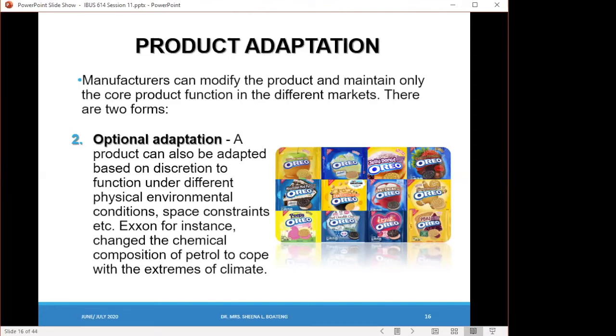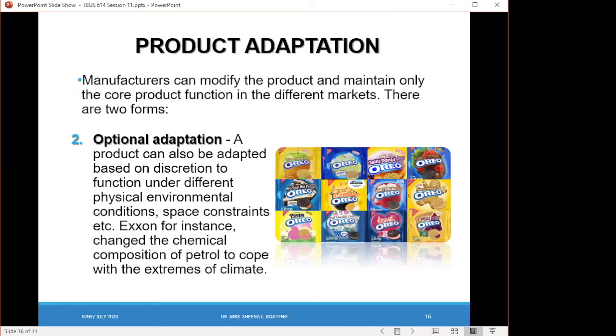So we see it, for instance, with products like Oreo that we just discussed, products like the Twix radar situation that we just discussed, and then even higher level products that involve complex sorts of technology like petrol, where petroleum companies like ExxonMobil are known to modify the composition of their petrol to suit specific climates, depending on the country that they are selling their fuel in.